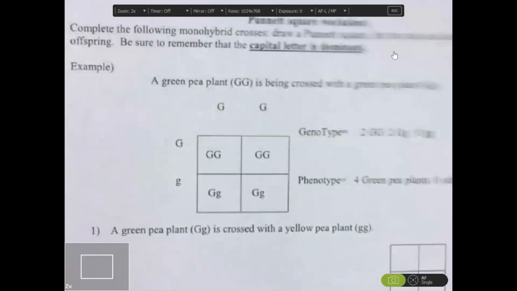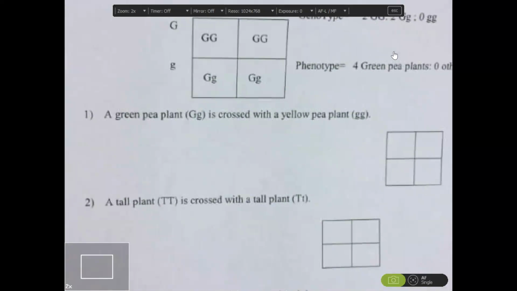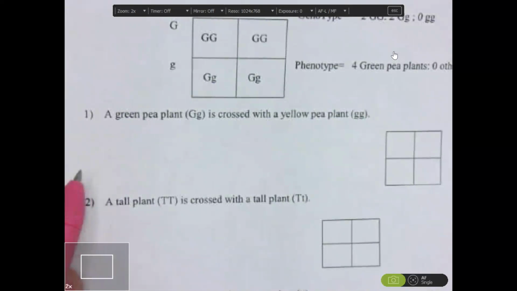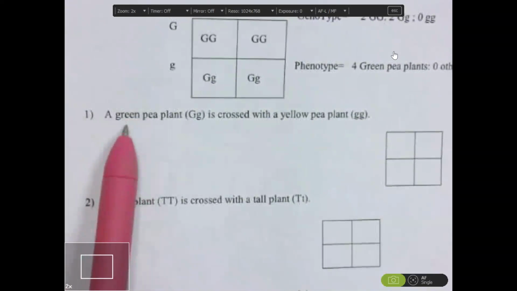All right, so following the steps that we talked about when we did the Punnett Square lecture, let's do step one. Step one is to determine the gametes or the alleles that each parent is going to give you. First off, we have a green plant, so that's our phenotype.